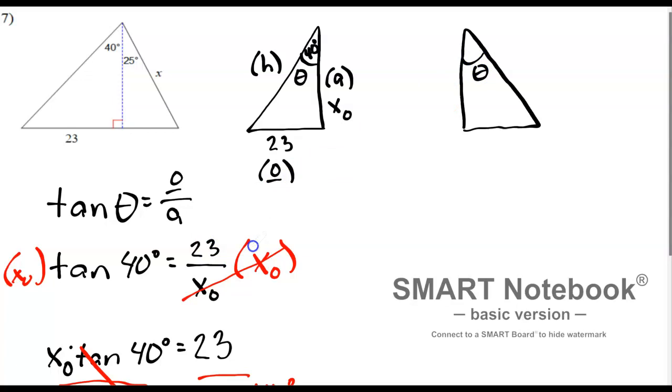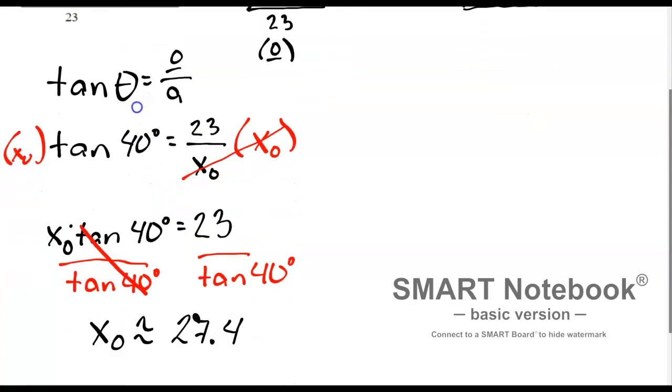Since we have two thetas, I don't want to get confused, so we're gonna call this theta naught, and I'll come back here and call it theta naught, so it's related to this x naught. That triangle.